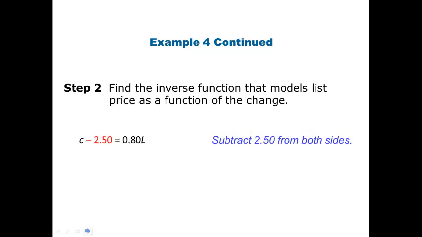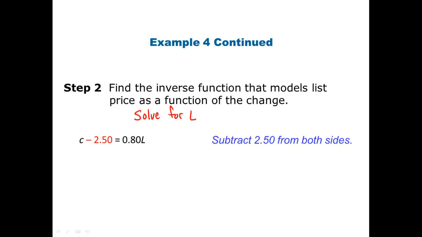All right, step 2. Find the inverse function that models list price as a function of the charge. Now when we find the inverse function, since the C and the L are specific items, all we have to do is solve for L. That's really what this is saying. You don't have to switch any variables or do anything.